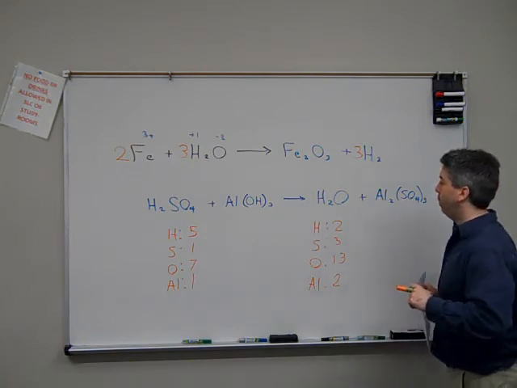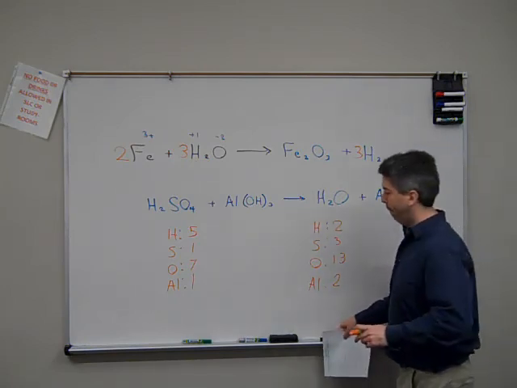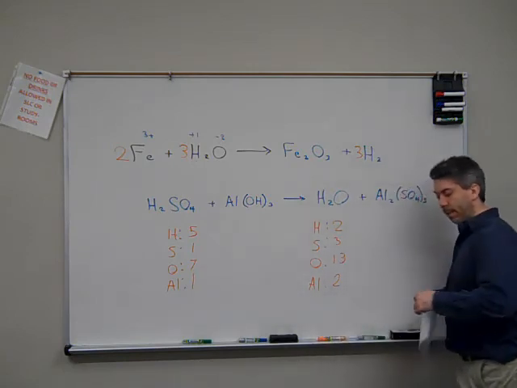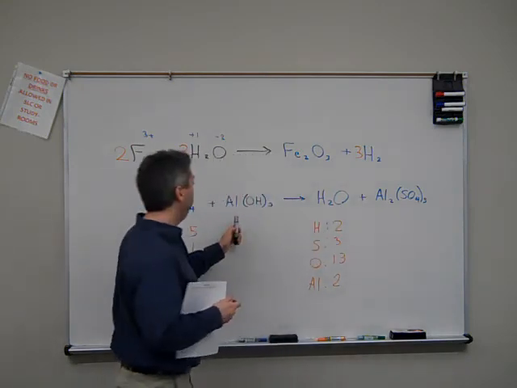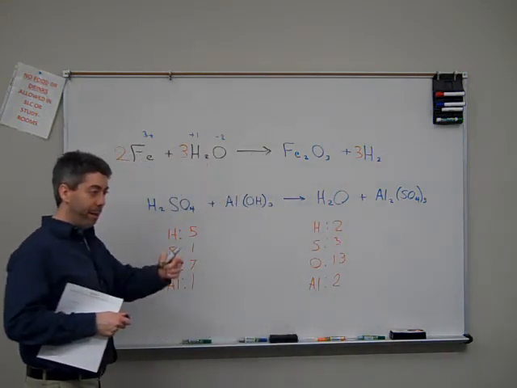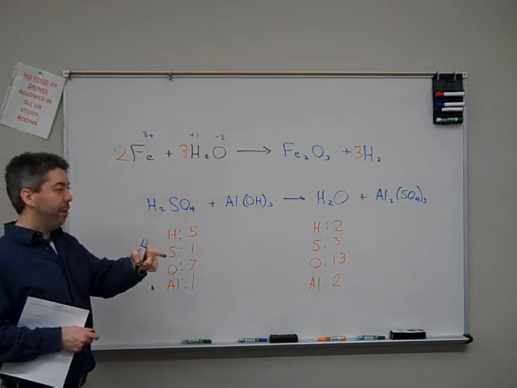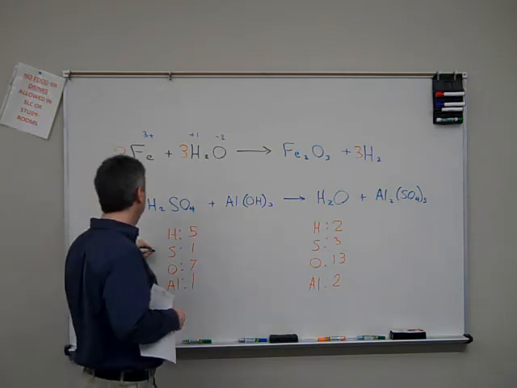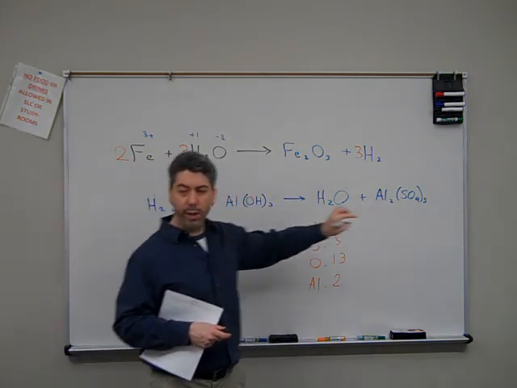Now, let's identify which one would be easiest to balance. What are the easiest elements to balance here? Aluminum only appears in 2 substances, here and here. That's going to be pretty easy. Sulfur will be a little easier because sulfur is only present twice, in 2 compounds.